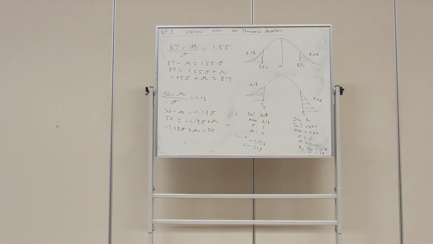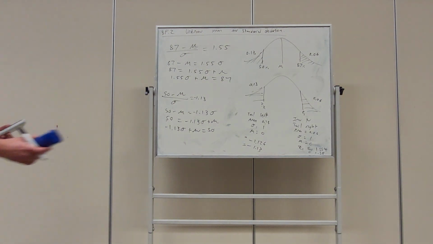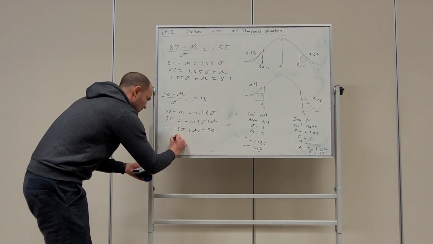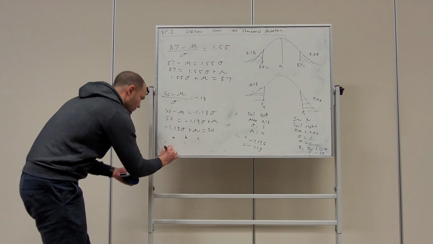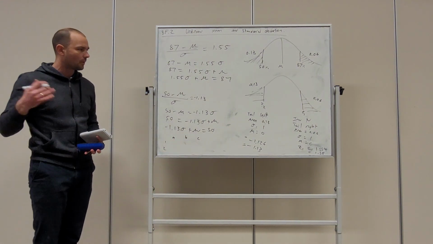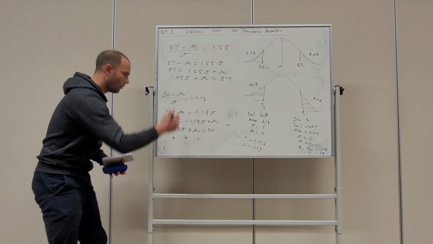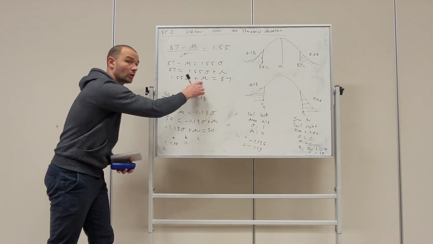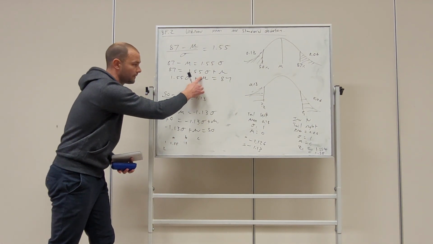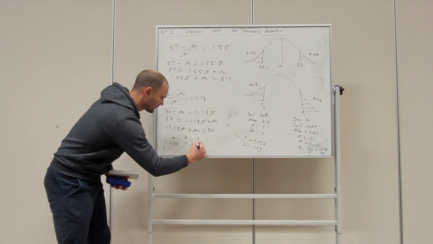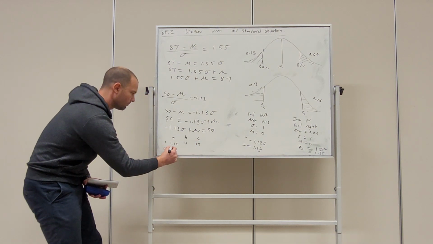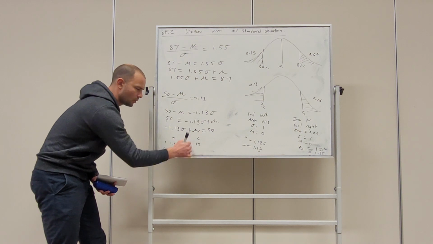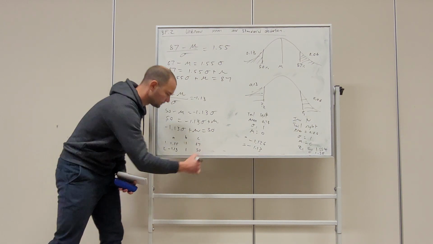When we type it into our calculator, we're presented with a matrix, and we just type the coefficients of each equation. So 1.55 in the first cell, 1, because we've got one lot of mu, and then 87. Over here we've got minus 1.13 lot of sigma, one lot of mu, and then 50.